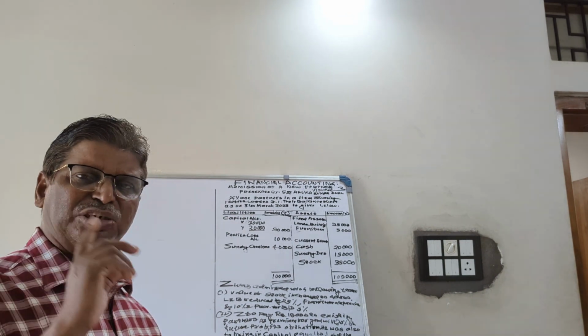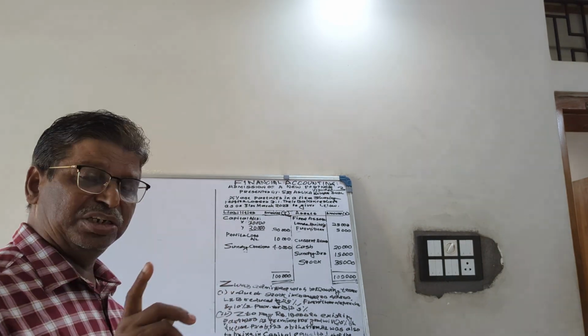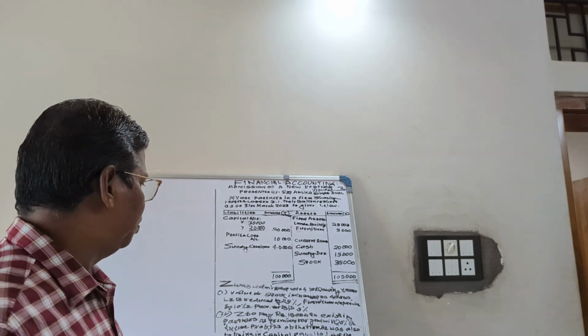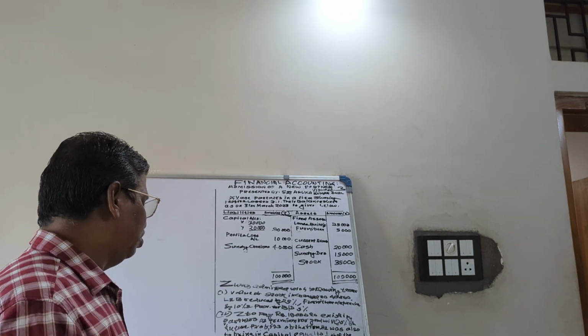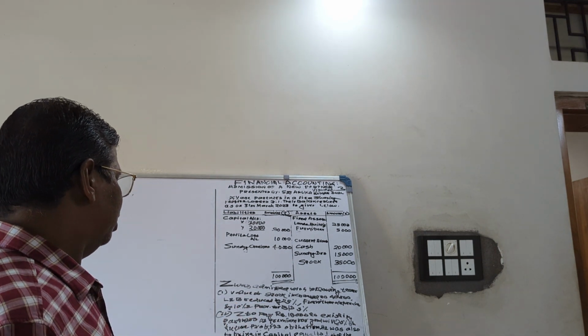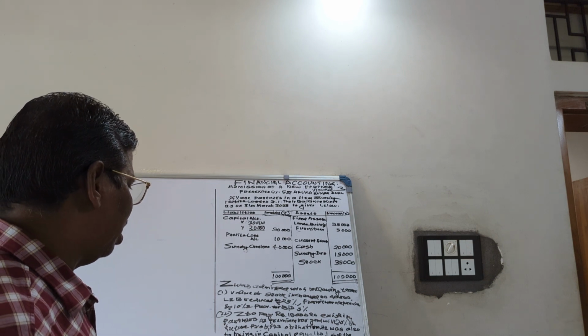So sacrificing ratio is old ratio minus new share. That is, the old profit sharing ratio of old or existing partners minus the new profit sharing ratio with the addition of a new partner. They will share the premium for goodwill in that sacrificing ratio.